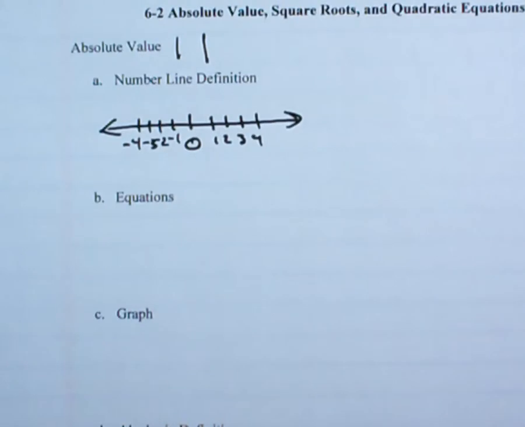And so negative would indicate south and positive would indicate north, correct? But in both cases, I would be 15 miles from Sauk Rapids, right? So absolute value, Tricia, is the distance a number is from 0.